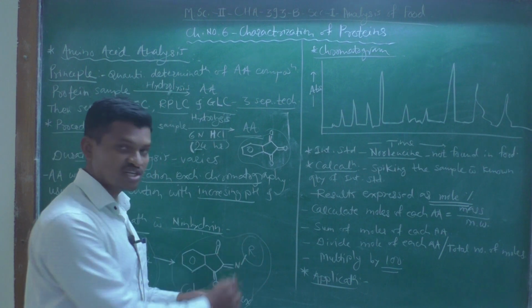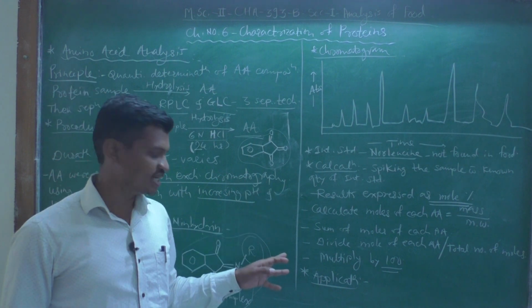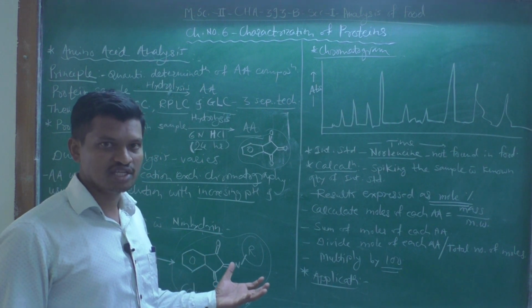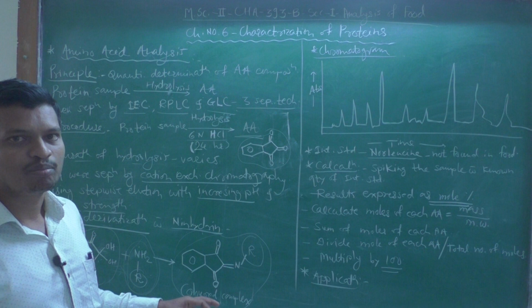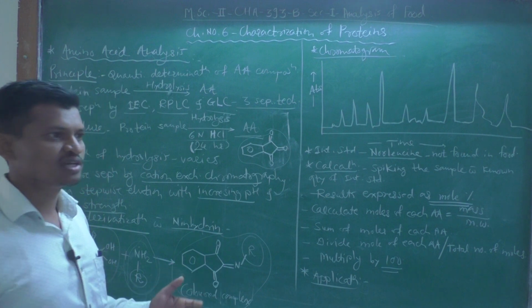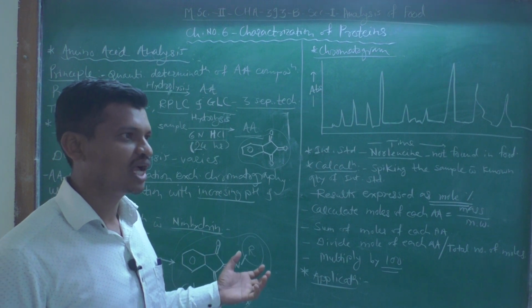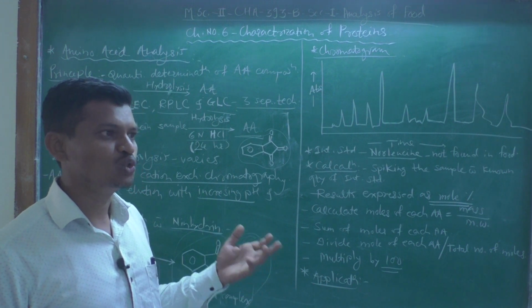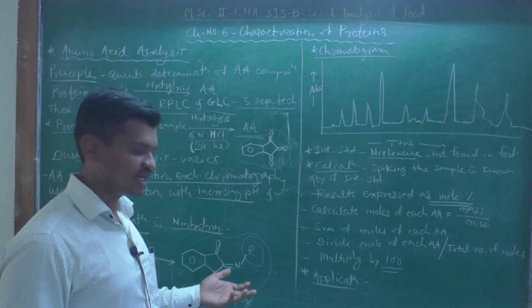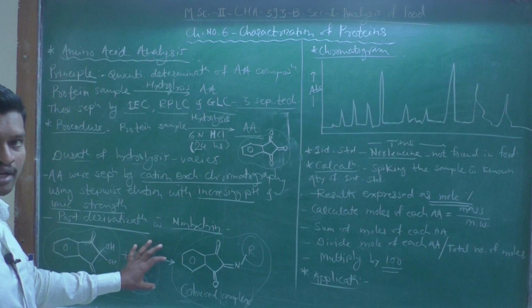R is taken as general, meaning R is the side chain of any amino acid. Most of the time a blue or purple colored complex is formed with this ninhydrin reagent, and that is detected using a UV visible or fluorescent detector. So this is the general reaction between the ninhydrin reagent and an amino acid.